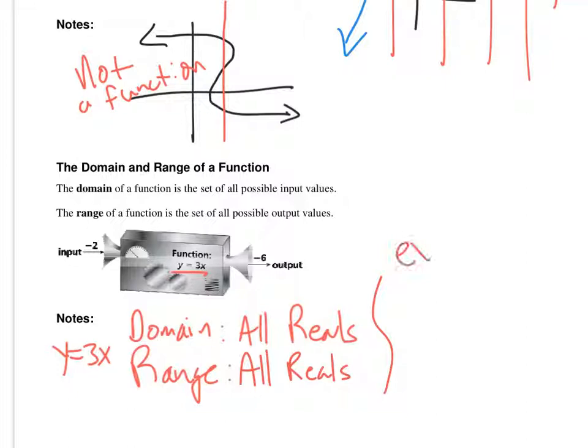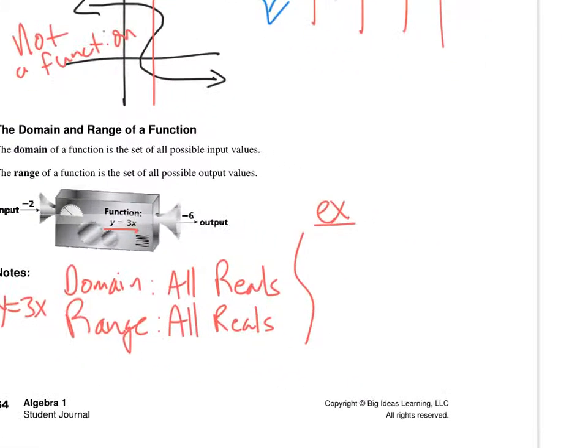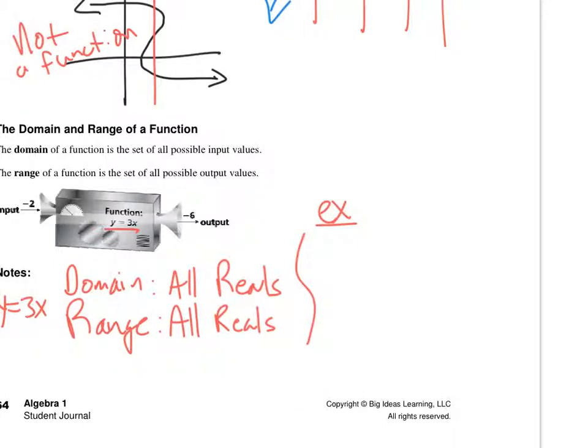But what if we have something like this? Here's a set. Let's say here's our function. 2, 3, negative 1, 4, and 5, negative 3.